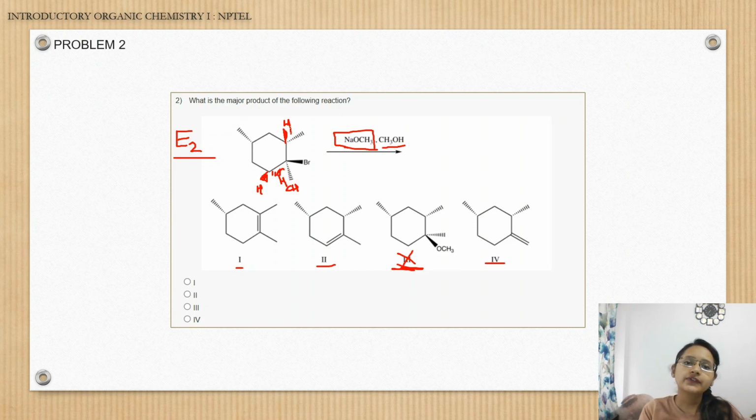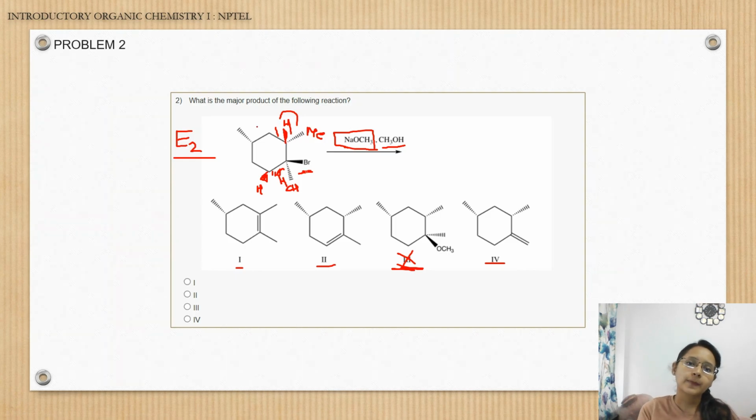So if this carbon number 1 hydrogen has to be eliminated from this side, what will be the requirement? It should be below the plane because the leaving group is above the plane. If the leaving group is above the plane, the hydrogen should be below the plane because this H and Br should be anti-periplanar, and being anti-periplanar, the stereochemistry should be anti. Only if the stereochemistry is anti can you say that the hydrogen is going to give you the E2 elimination. Otherwise, it will not give you the elimination reaction.